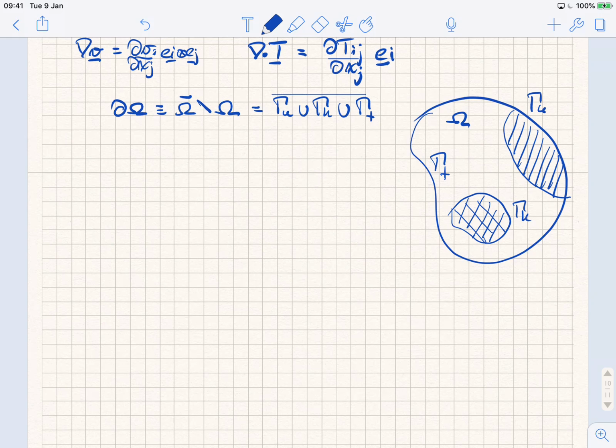And you are also going to see that gamma u intersection gamma t intersection gamma h is equal to the empty set, which also says, as we said before, that these are just mutually exclusive sets. So they are not superposing at any point. Okay.